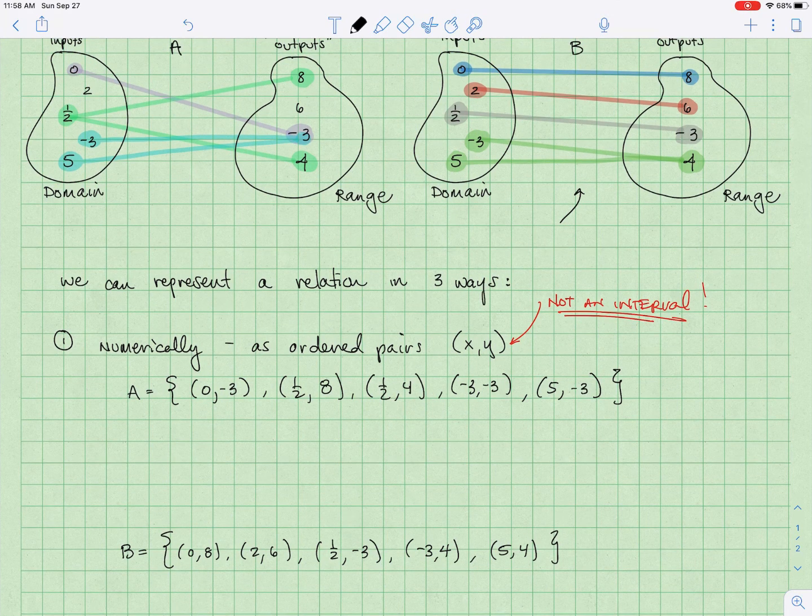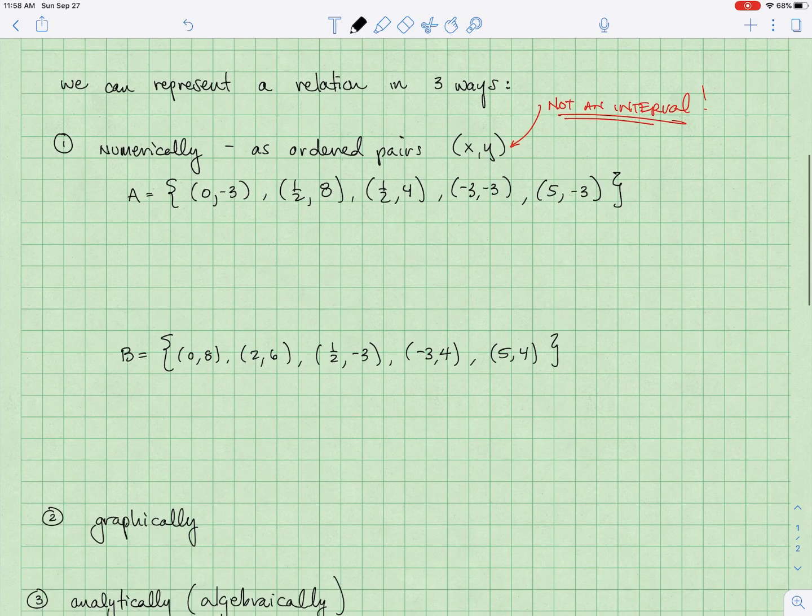Now, we often talk about the domain and range of each one of these, looking at just these ordered pairs. The domain of A can be rewritten as a collection of just values. So be careful here. I'm using these squirrely braces, but in the first one, A is a collection of ordered pairs, whereas the domain is just a collection of all of the inputs.